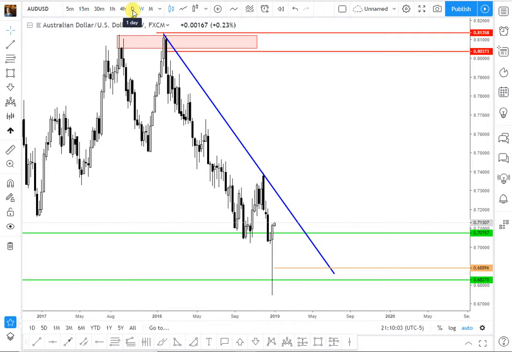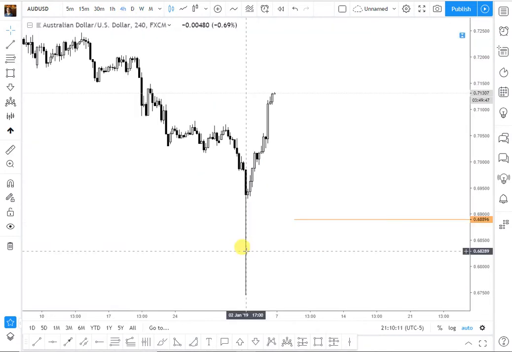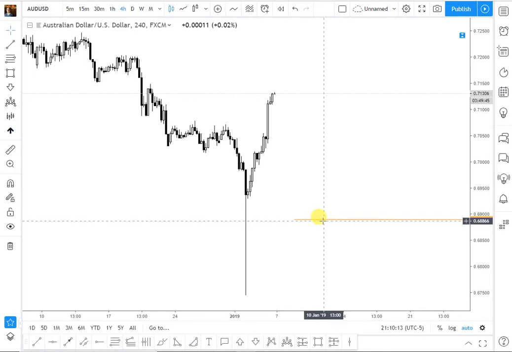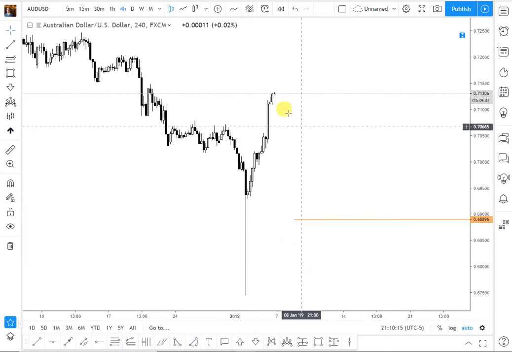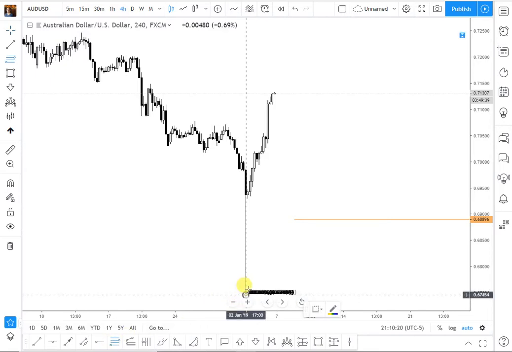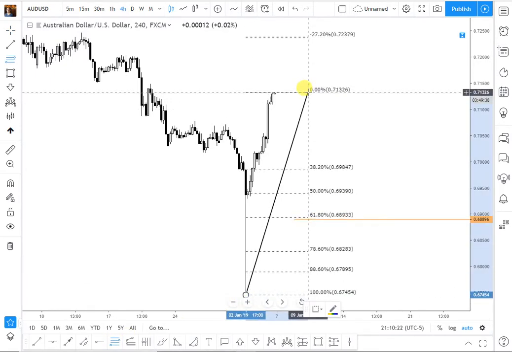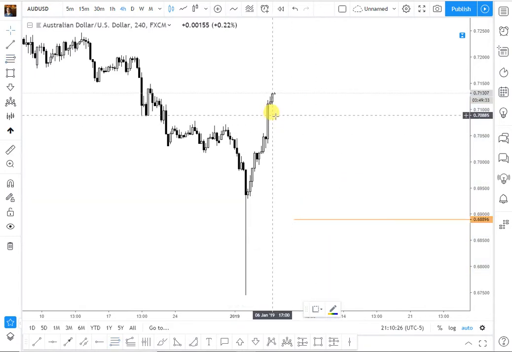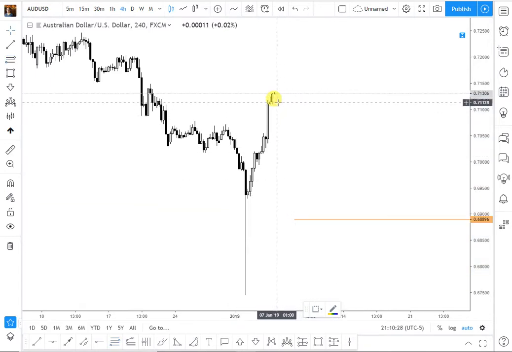We are looking to long this pair, and the entry point we are looking to get in with is at this price level, which is 61.8 of this impulse here.